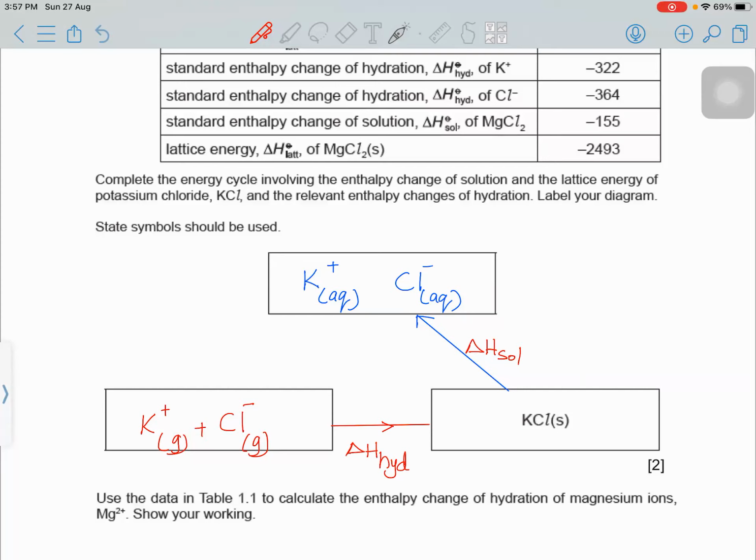Sir, lattice energy. Yes, this is lattice energy. But when you add water to it, aqueous ions are formed. This is called delta H hydration. This is hydration.